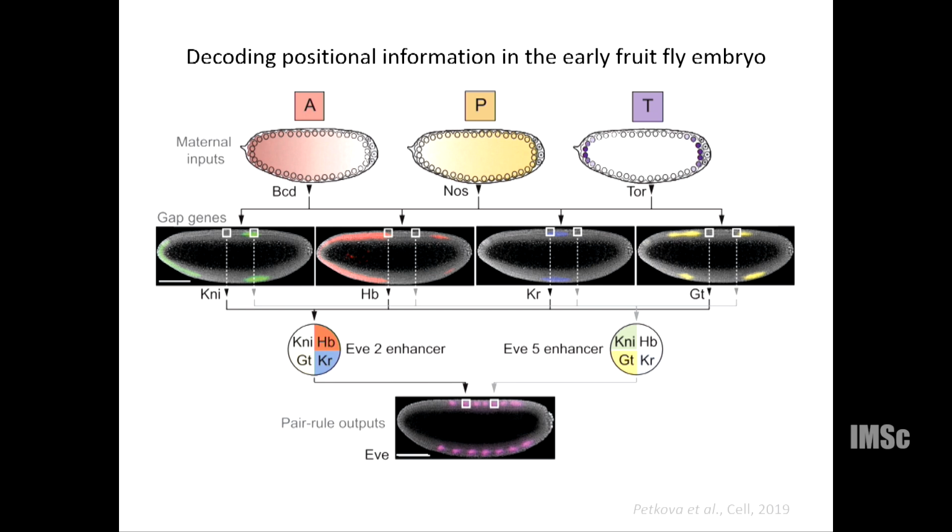So if you want to know details, I refer you to this one. So here there are 3 gradients. Then they specify the gap genes, 4 gap genes, Knirps, Hunchback, Kruppel, and Giant. And then those, through some enhancers of other genes like eve, specify the stripes. So we will try to see how you can take this as an input and get this.